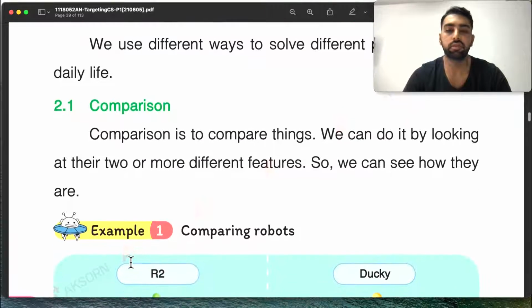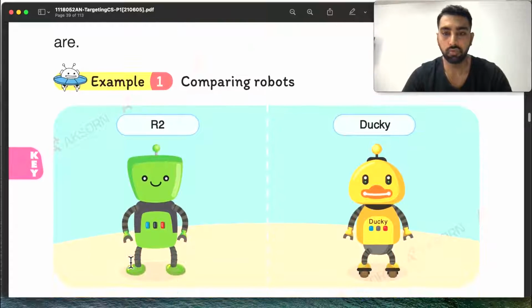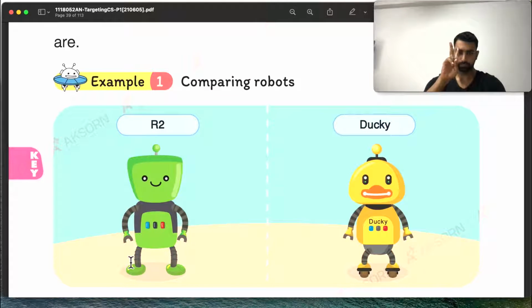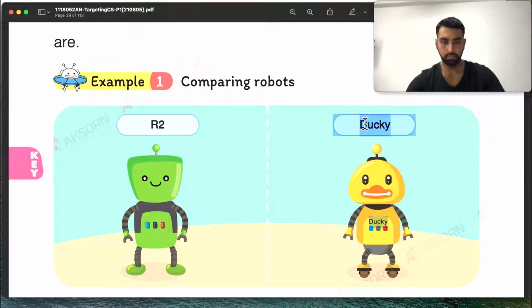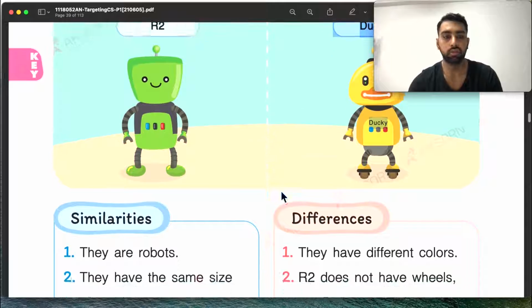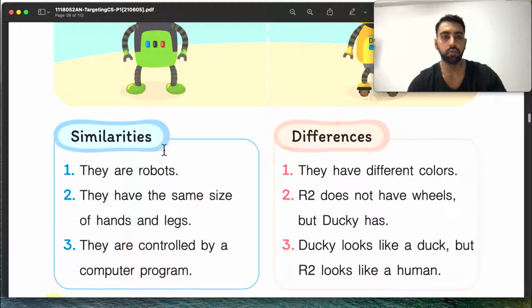Alright, let's see what this is about. We have 2 robots. Its name is R2, and this one is Ducky. We have to compare what is the same and what is different.